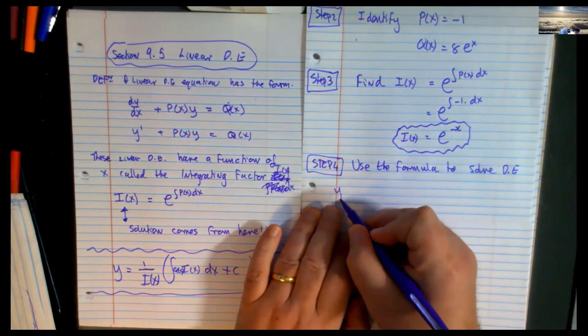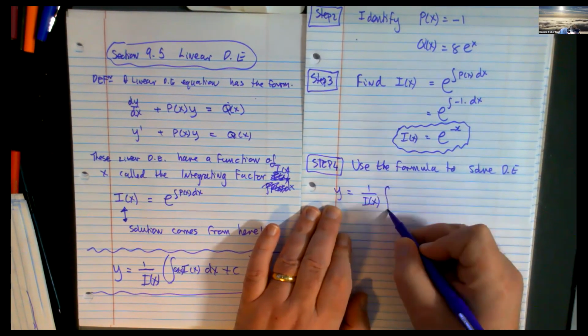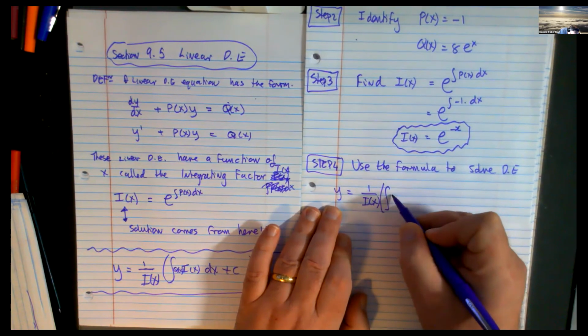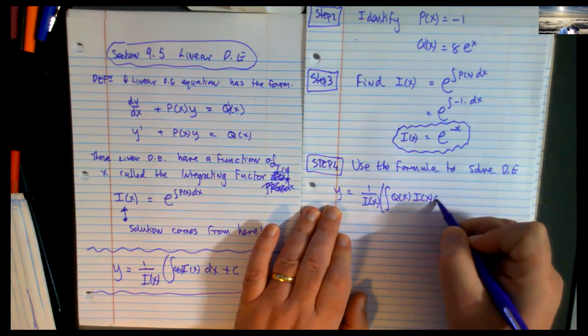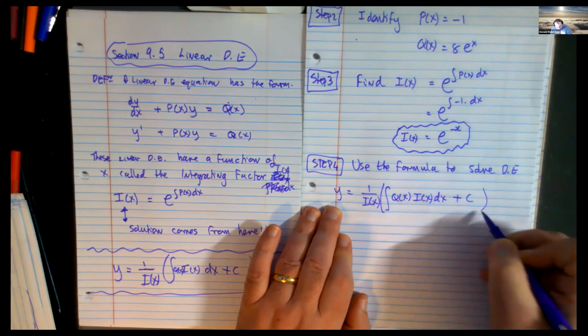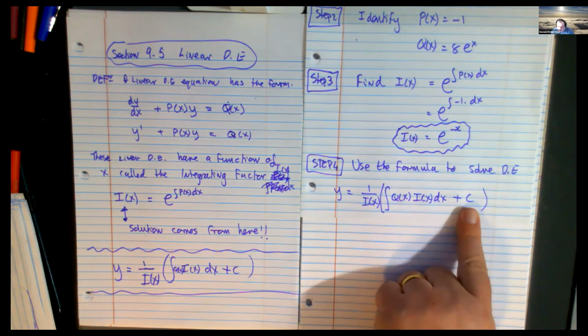Y equals 1 over I of x, the integral of those two guys, plus a c. Now, do you notice in this question, you already have the plus c? That means nobody else gets any other plus c's. That's the only plus c in town.